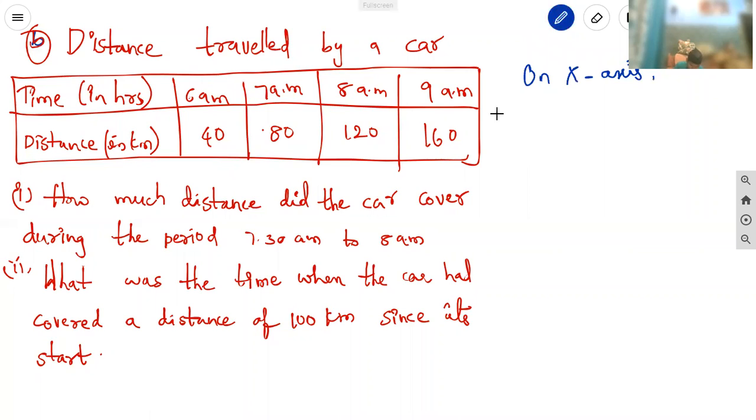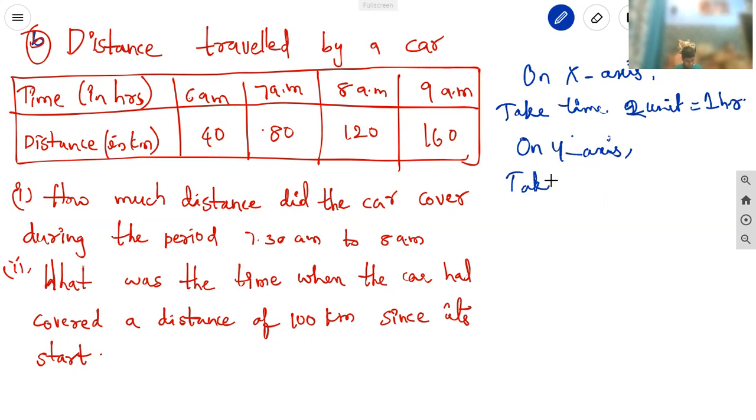that is the horizontal line. Take time, 1 unit equal to 1 hour, or 2 units equal to 1 hour, and take on y-axis 1 unit equal to or 2 units equal to 40 kilometers.